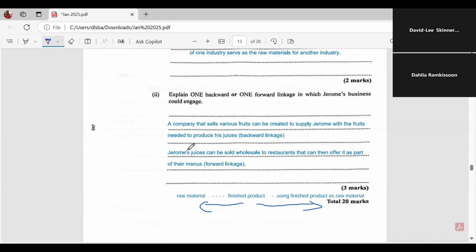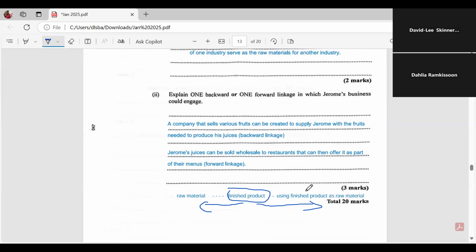So in the second scenario, Jerome's juices were sold wholesale to restaurants and they offered them as part of their menus. So his finished product was used as a raw material. That would be forward linkage. So there's the origin, the finished product. If the company that's created is providing raw material, so it's going backwards, that's backward linkage.